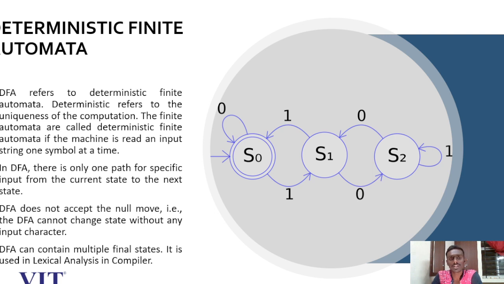DFA does not accept the null move, that is, the DFA cannot change the state without any input character. DFA can contain multiple final states. It is used in lexical analysis in compiler. So DFA has only one path for specific input. This is the main point to remember.